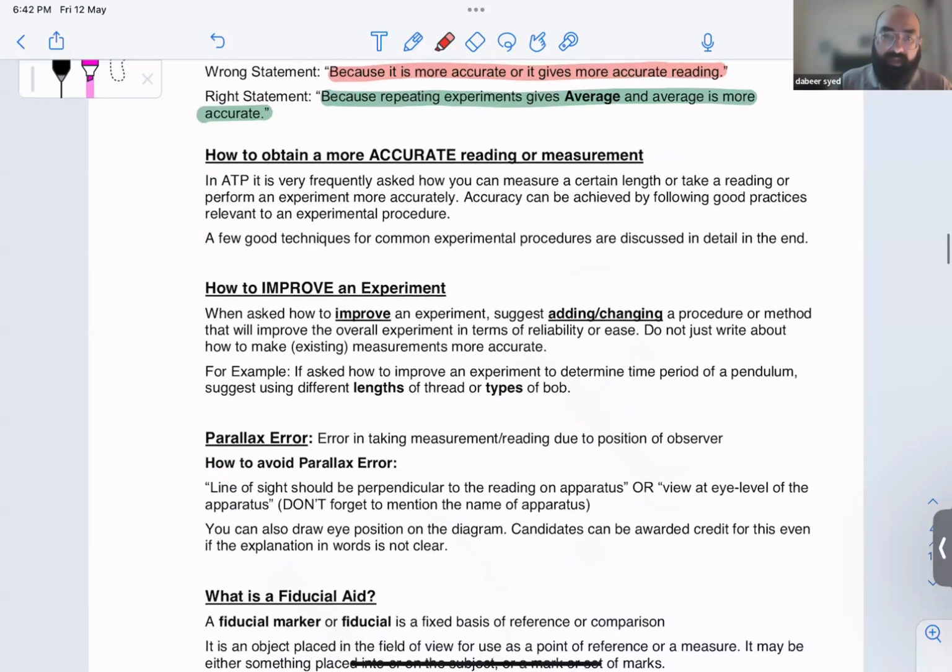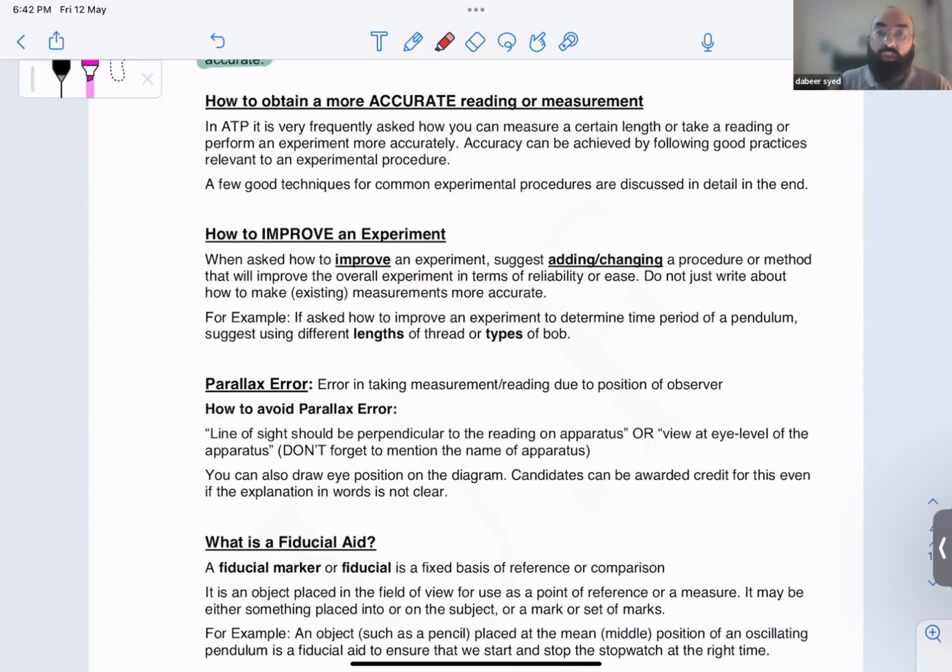ठीक है? Then, whenever you are asked to improve an experiment, most likely than not, you have to always connect with the problem that is there in the apparatus and then improve it. Do not simply improve things hawa ke andar, because this is what people do. They write generic statements.